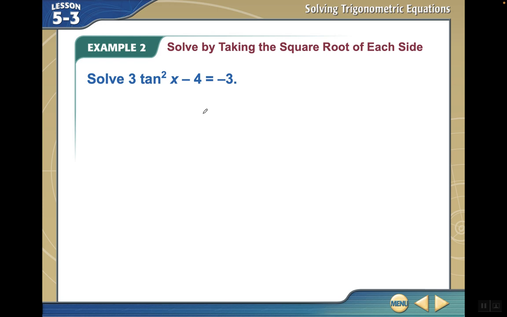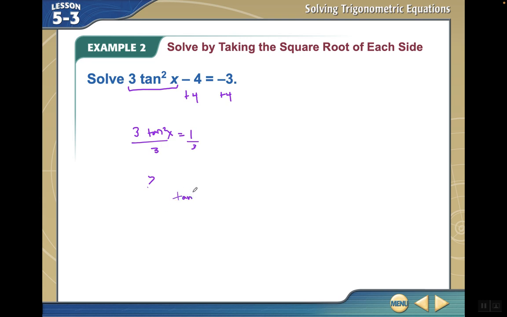So this one is 3 tan squared x minus 4 equals negative 3. So I'm going to just start by getting rid of that 4 because we want to get this term by itself as much as we can. So then I have 3 tan squared x equals 1. And then I'm going to divide by 3. Just ignore that.